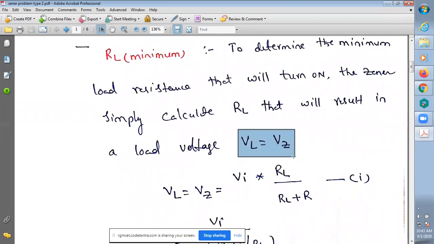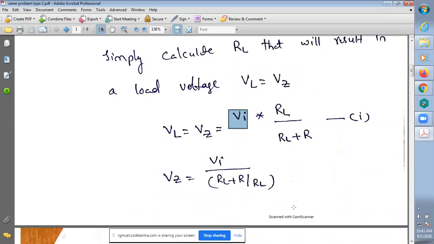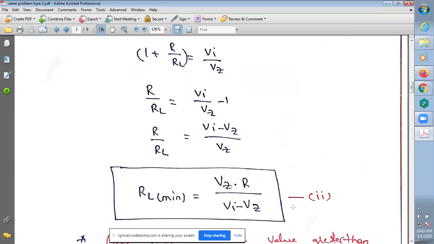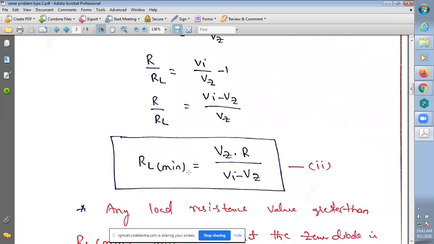Because the Zener diode is in on state, so load voltage is equal to Zener voltage. Then Vz is equal to the applied voltage Vi times RL by RL plus R. From that we derive the expression: RL minimum is equal to Vz times R by Vi minus Vz, right?